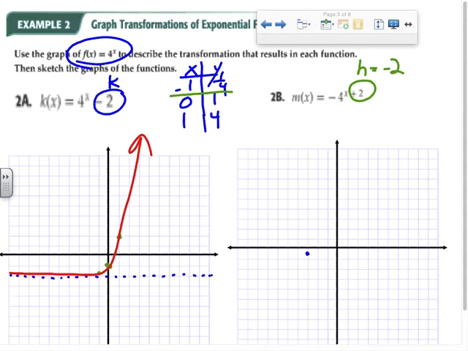The (0, 1), when I reflect it over the x-axis, it would be (0, -1) here. But then again, because of my h value, I'm going to march that 2 spaces to the left. It'll be here now.